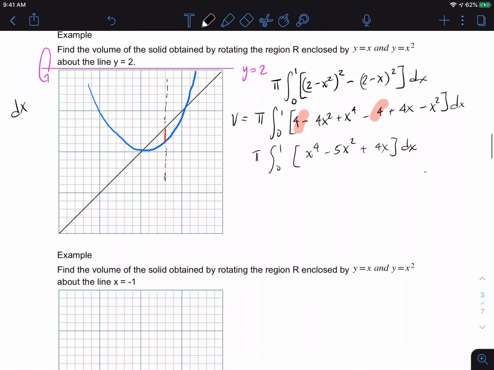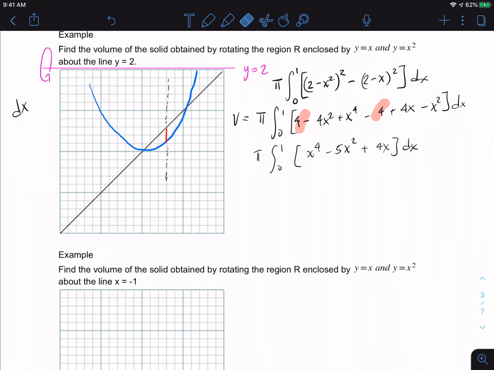And so now when I do the integral, I'm going to get x to the 5th times 1/5 minus 5x to the third over 3 plus, and I'll just write it so you guys can see, 4x squared over 2, evaluated from 0 to 1 times my pi.